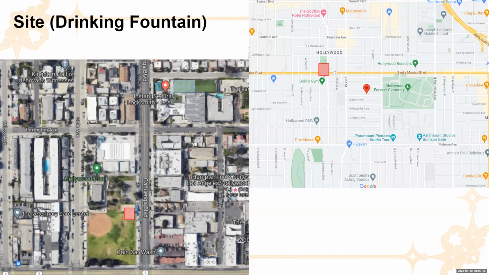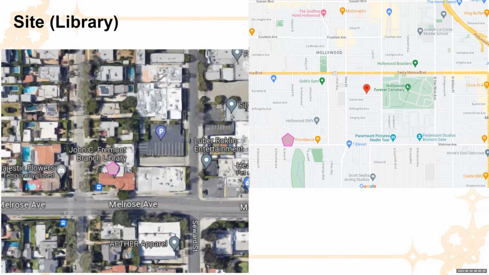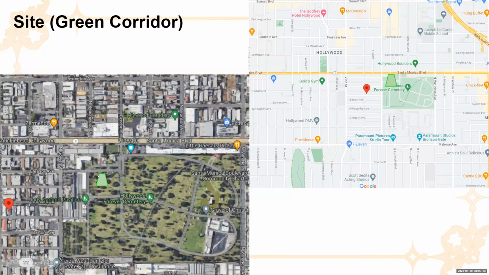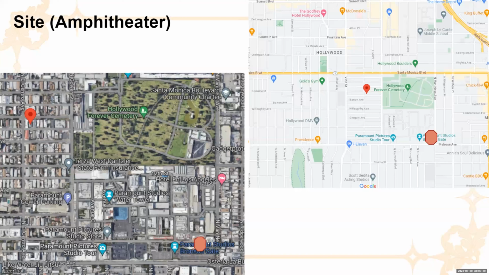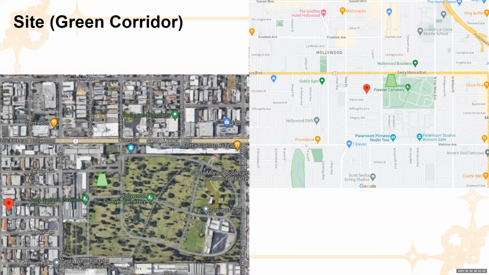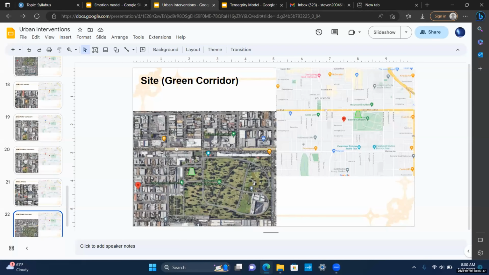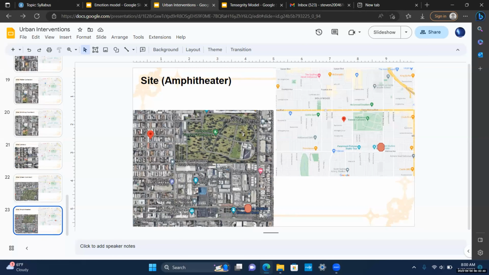A drinking fountain, very close to each other. The library. Green corridor. And last, the amphitheater. No, that's it.